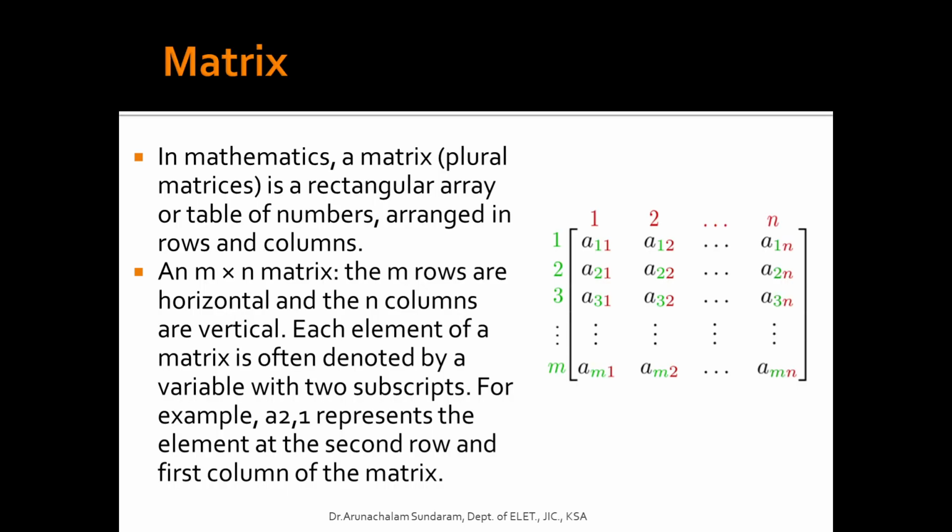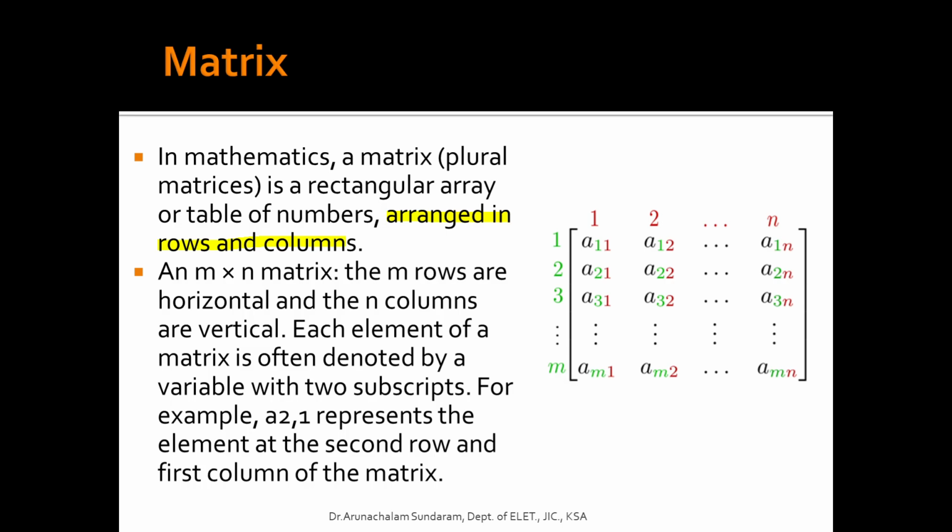Now, matrix, you have all been aware of matrices for a long time. A matrix represents numbers in the form of an array of rows and columns. So this is a matrix: numbers arranged in rows and columns.